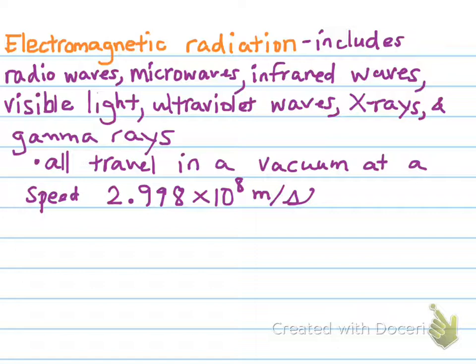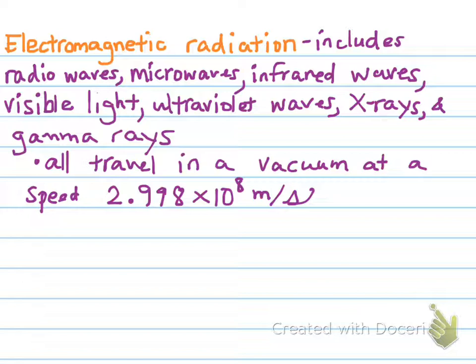So you do need to know how the electromagnetic radiation types go in order, but we'll talk about that after we've talked about frequency and wavelength.